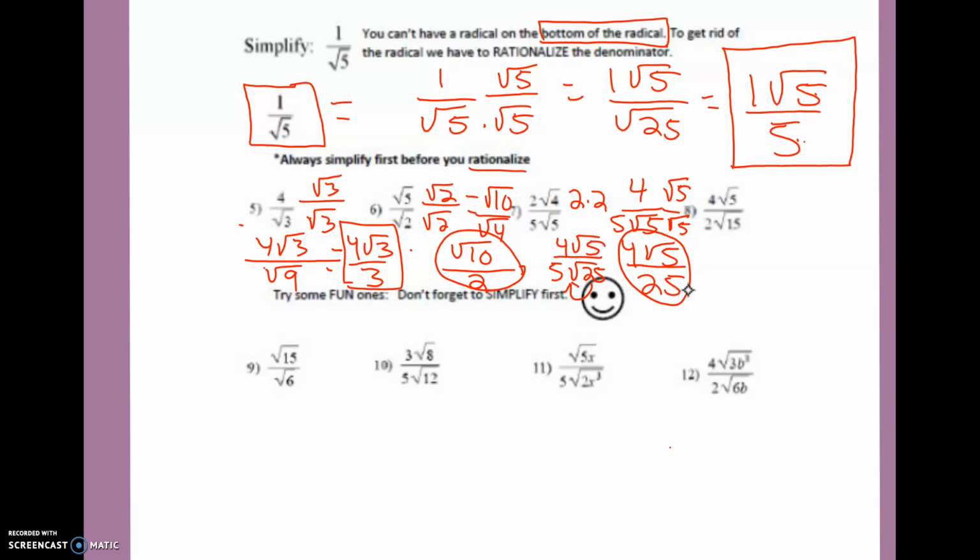All right. The last one. If you'll notice, the outside and the inside can be simplified first. So I always like to do that first to see if maybe I don't have to rationalize. Sometimes I'll do it and I'll still have to rationalize. All right. 2 goes into 4 2 times, right? Now you'll notice that 5 and 15 are under the radicals, so we're just going to simplify them. So 5 goes into both, right?